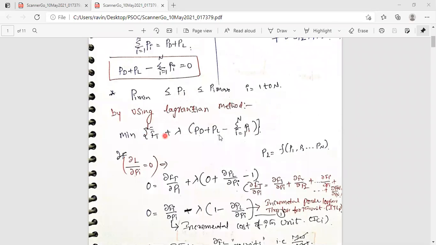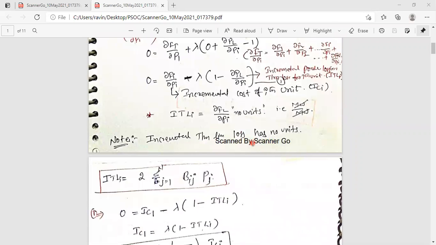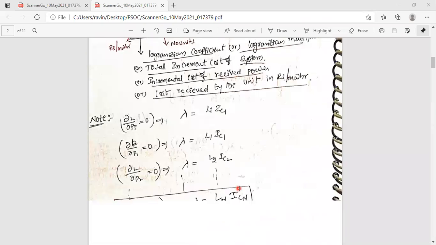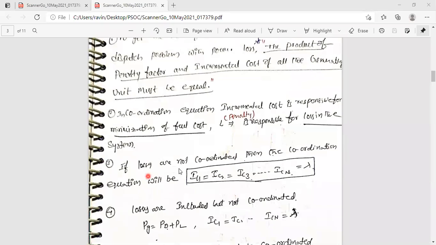So if the losses are not there, the coordination equation will be IC1, IC2, IC3 and so on up to ICN equal to lambda. Because here there are no losses.